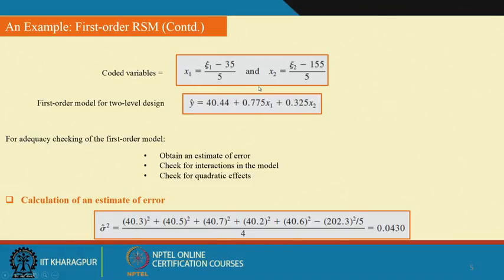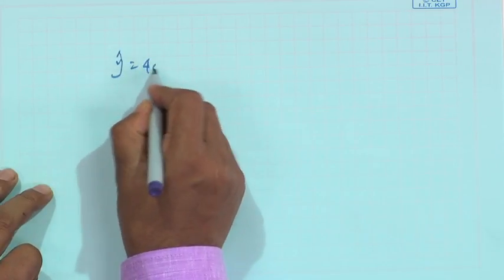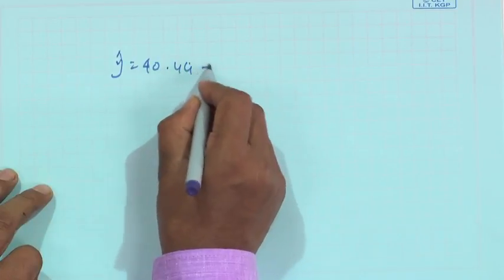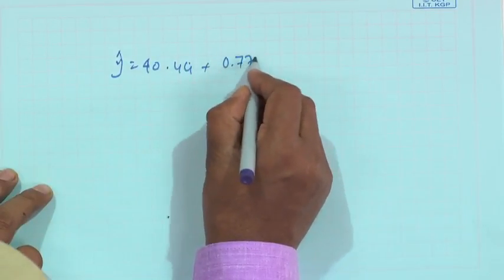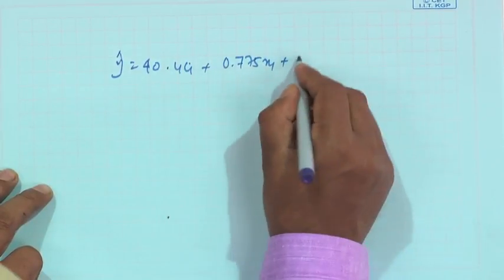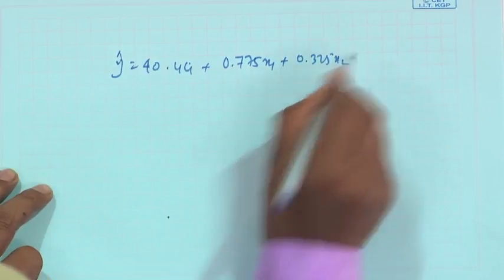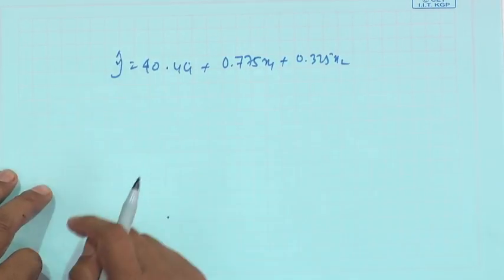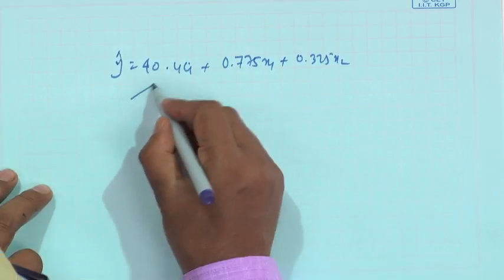What is the first order model? y cap equals 40.44 plus 0.775 x1 plus 0.325 x2. What is this 40.44?